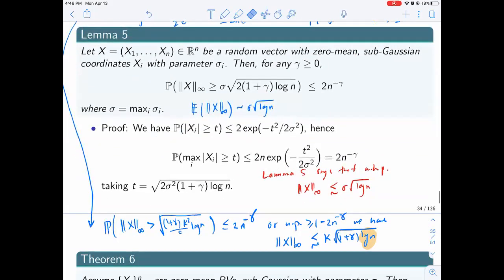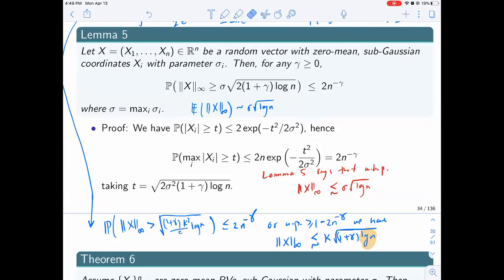Okay, we're out of time. Any other questions? This upper bound shows, is that a question, Zach? Shows concentration? This bound doesn't show concentration. It's like a deviation bound. It just shows that the infinity norm does not grow faster than root log n.